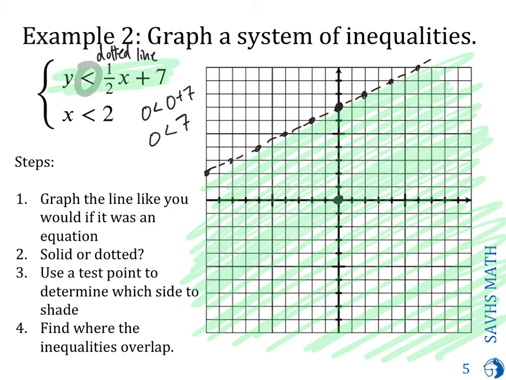The next step is to do the same exact thing with the next inequality. So where is x equal to 2? What does that line look like? The next line is this one. This one isn't in y equals mx plus b form, it's an x equals, and that's a little bit confusing because I don't see that a lot.